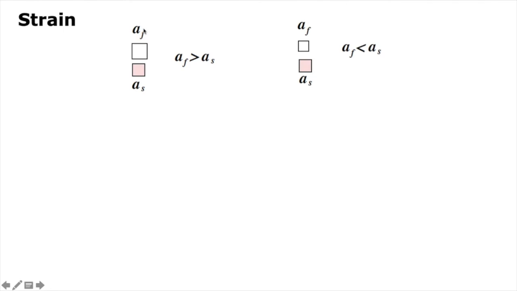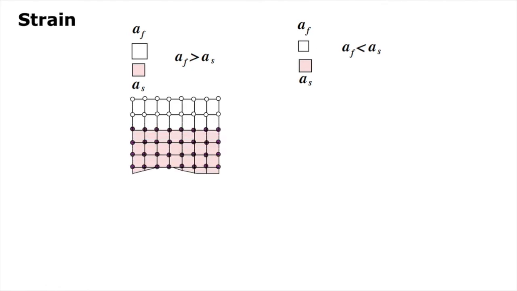Similarly you can have the other option, that the film unit cell is smaller than the substrate one. In this case, of course, this side has to adjust, so it should be elongated, and this side should be compressed. So when you grow this, this unit cell will be smaller on this side, and on this side it will be elongated.